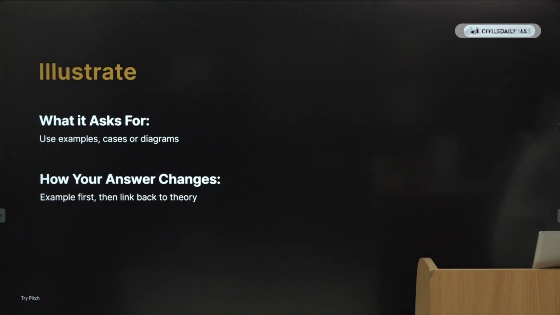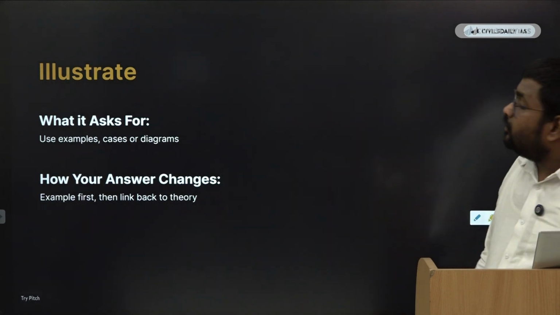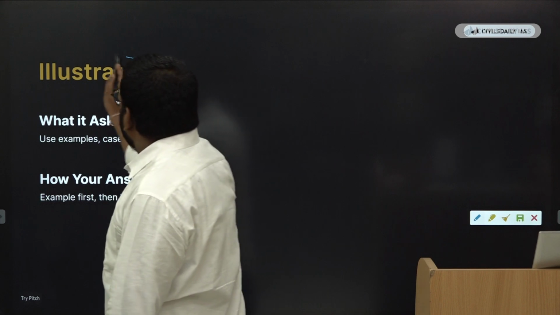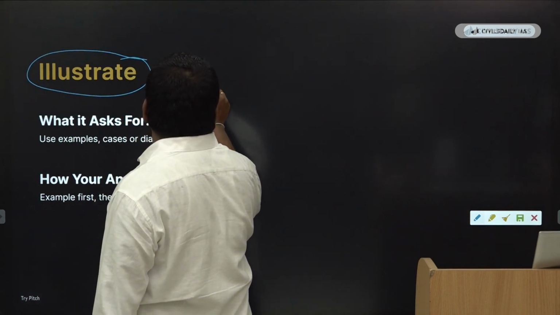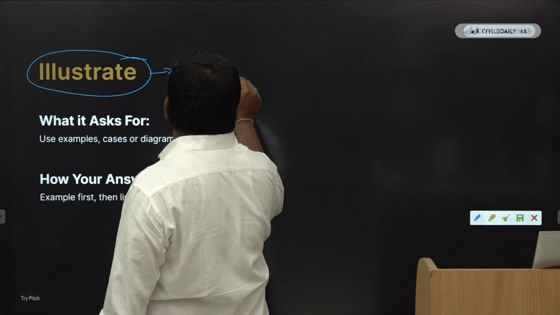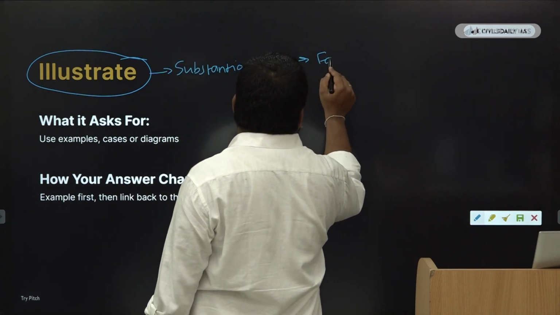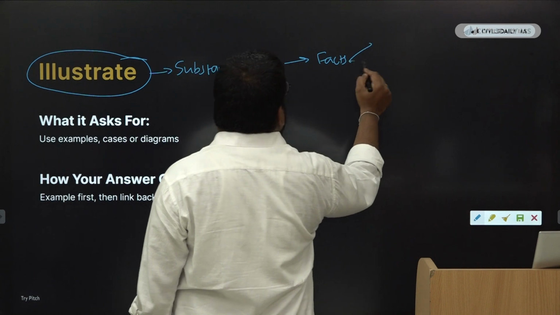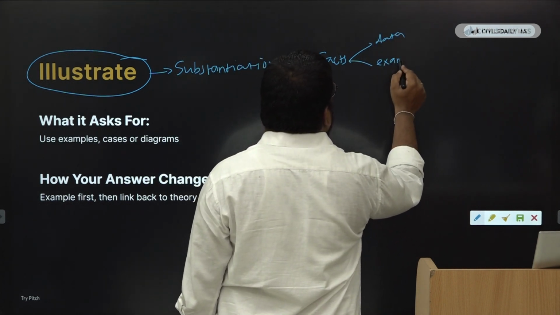Next is illustrate. When they ask you to illustrate something, illustration generally involves substantiation of your points using facts, that is either data or examples.